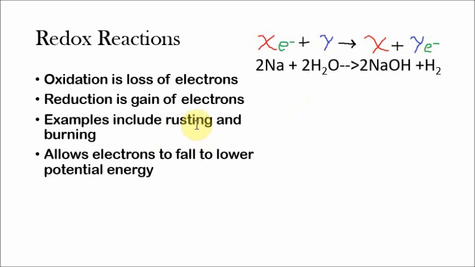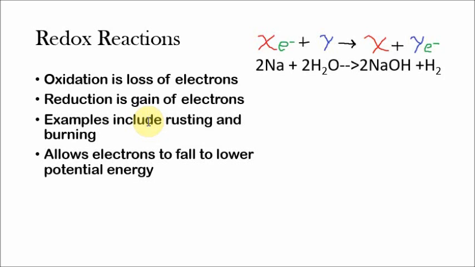Some other examples are rusting and burning. You may have heard rusting described as being oxidized. Same thing. Burning is going to be a little more relevant to what we learn today. Whether it's methane, wood, or glucose, that's being oxidized.